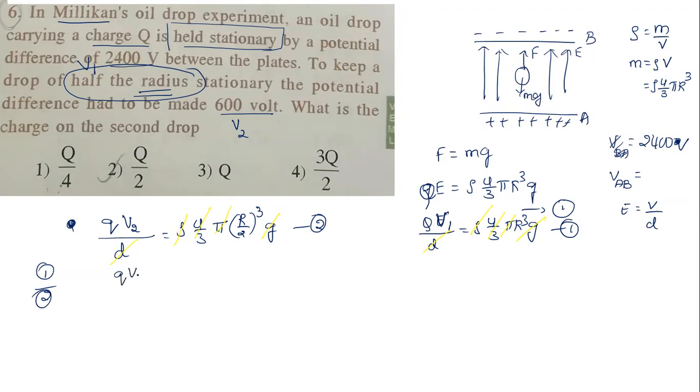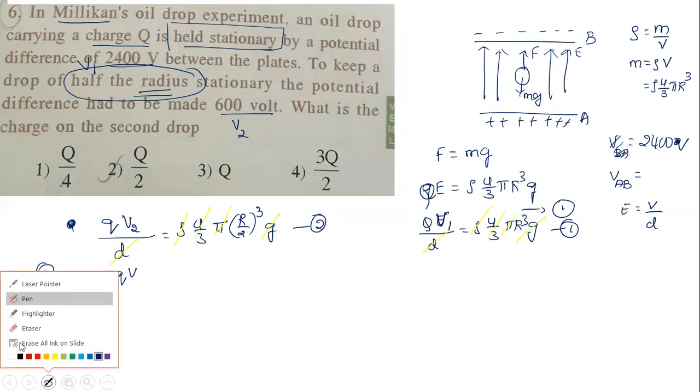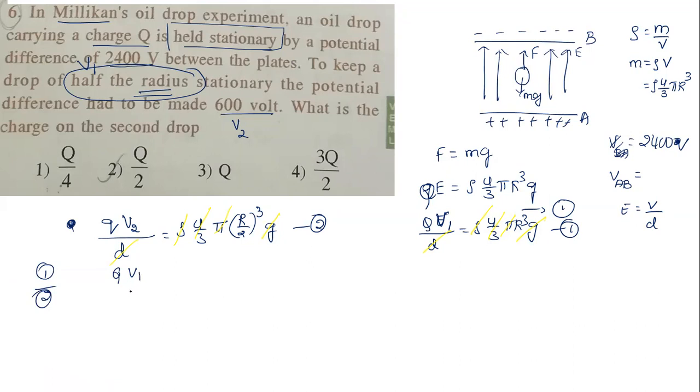Capital Q V1 divided by small q V2 is equal to r cube divided by r cube over 2 cubed, which becomes 8. The r cube cancels, and you get Q V1 divided by q V2 equal to 8.